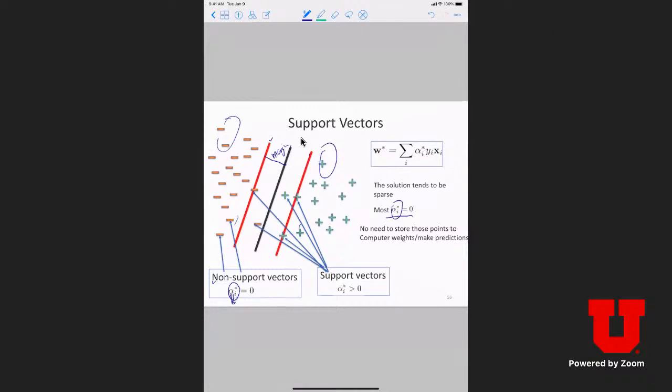So the subset of vectors that are going to be support vectors could essentially change as it solves this optimization problem. I think this makes sense just based on this picture.